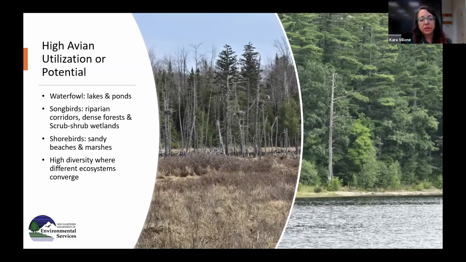If we're talking about songbirds, we're mostly talking about riparian corridors, dense forests, and scrub shrub wetlands. Songbirds really like the scrub shrub wetlands because they're very dense vegetation and they can put their nests in there and they'll be protected from predators in that area. Shorebirds love sandy beaches and marshes.